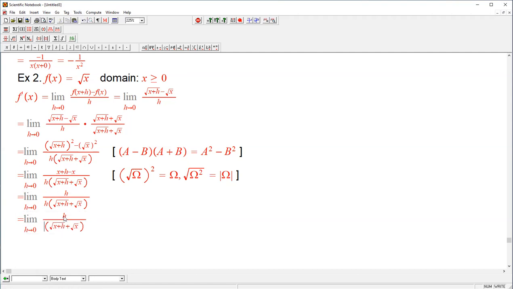This h is reduced with the h on top, so there's a 1 left on the top. And next, we can finally do direct substitution because we can apply limit law. The limit on top exists, the limit on the bottom exists as h approaches 0. And that will equal the following.